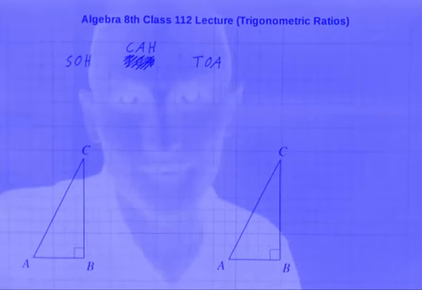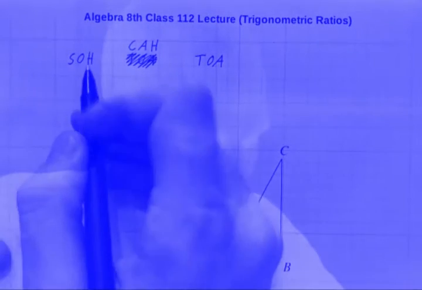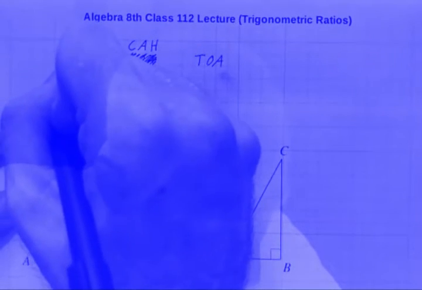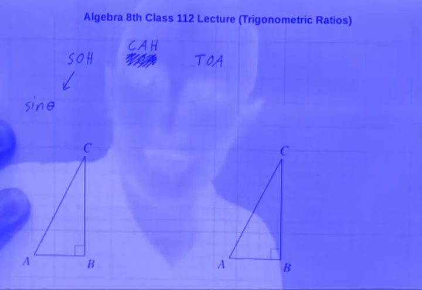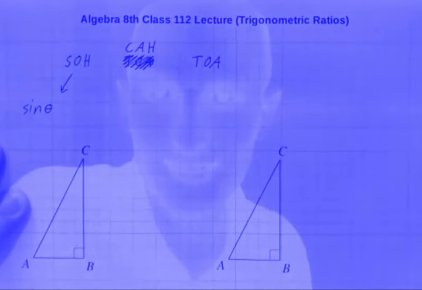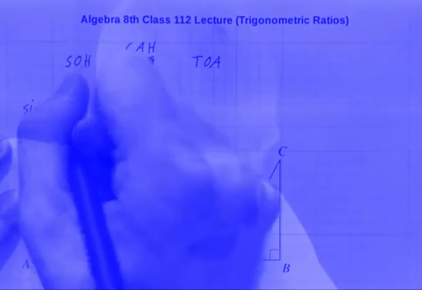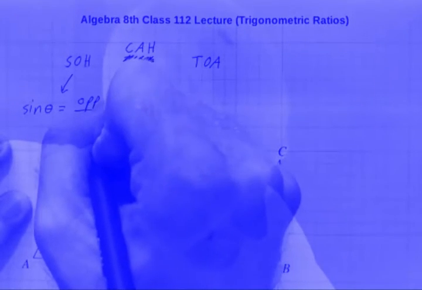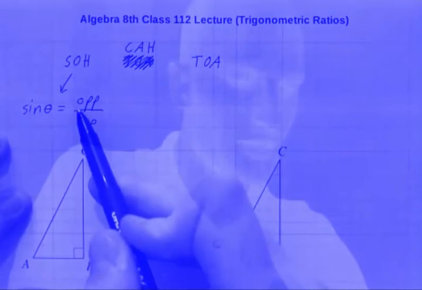Okay. Now, when we say SOH, what we're saying is sine of theta is equal to opposite over hypotenuse.